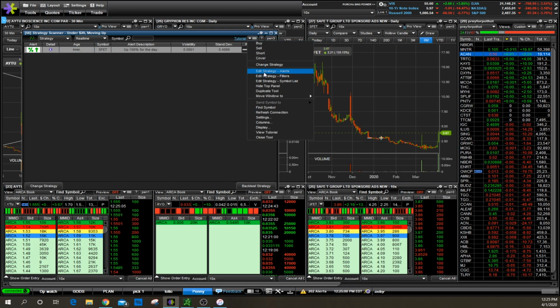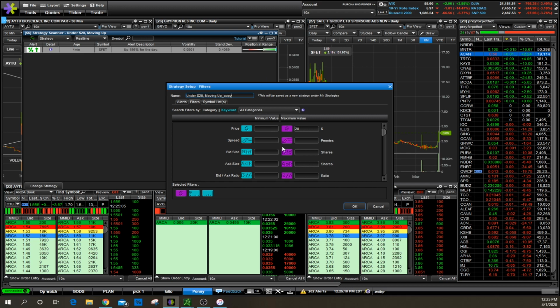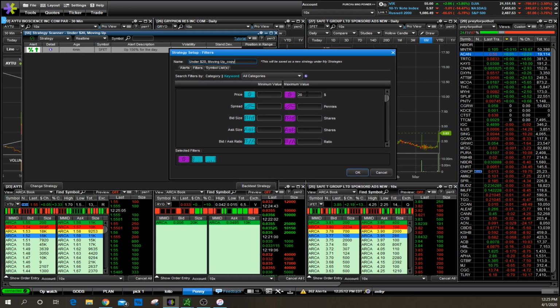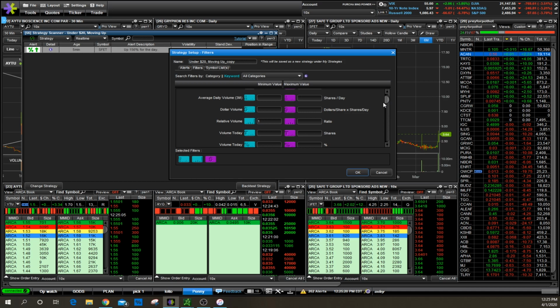Let me see. Edit strategy filters. Let's see. What do we got? Let's do under 10. Dollar volume I want to change to the minimum of 1 million. It's 100,000.